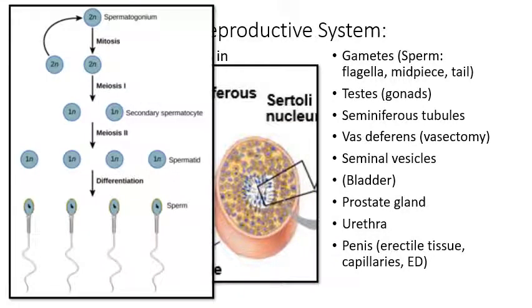All right, so on the outer surface of the seminiferous tubule, we have something called a spermatogonium. You should probably remember that word. And the spermatogonium undergoes 2 rounds of cell division called meiosis 1 and meiosis 2. And during those rounds of cell division, the genome is not copied. So this thing here that says 1N versus 2N, 2N means that you have 2 copies of the genome and you're diploid.